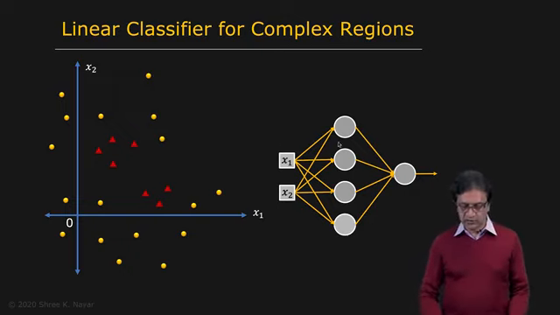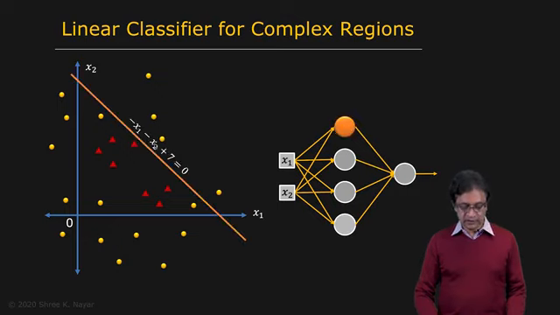So here is a perceptron network, which we're going to use to do this. Again, the inputs are x1 and x2. Let's look at this perceptron right here. We know that we can build a linear classifier using that one. Let's say that it has weights and bias such that it creates this linear classifier, and the output is going to be a 1 if you lie beneath this line that you see right here.